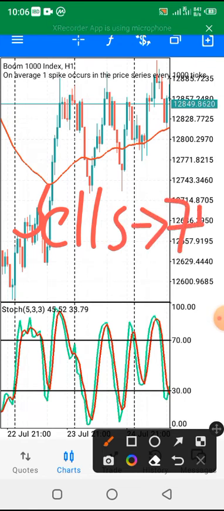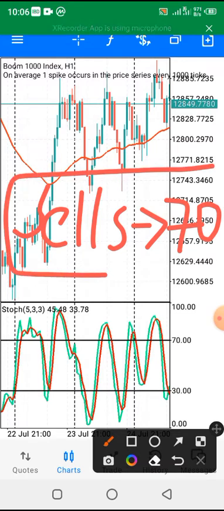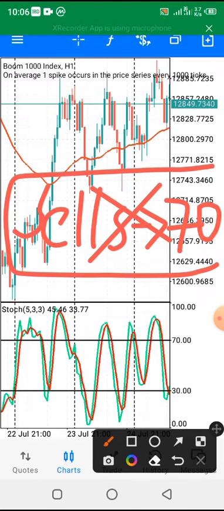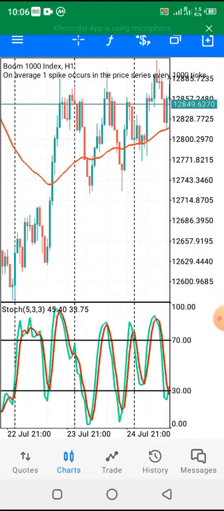Make sure you mark this 70 region. So this is really important because price has to be overbought here in the 70 region. If not, don't take that trade, right? Understand this. If the stochastic here is not at the 70 region, don't take that sell, right? Only take it when it's at the 70 region.